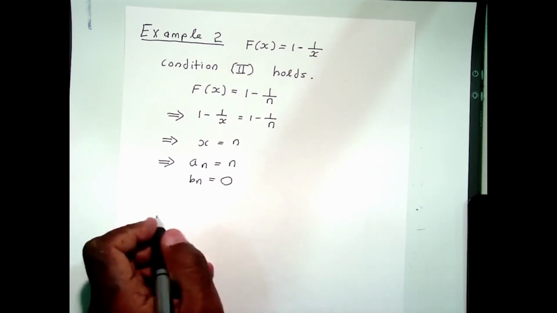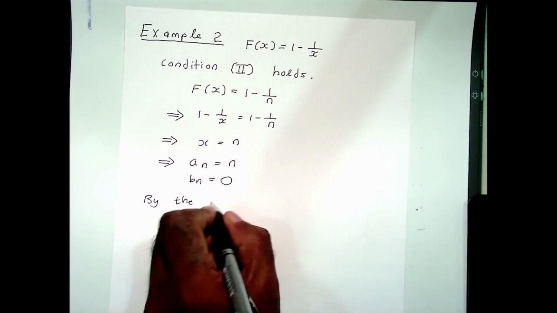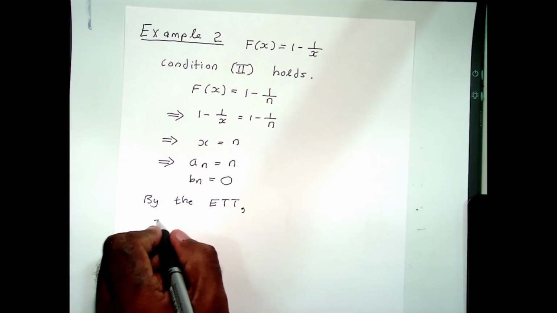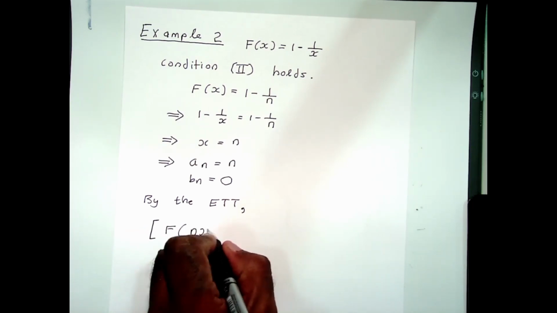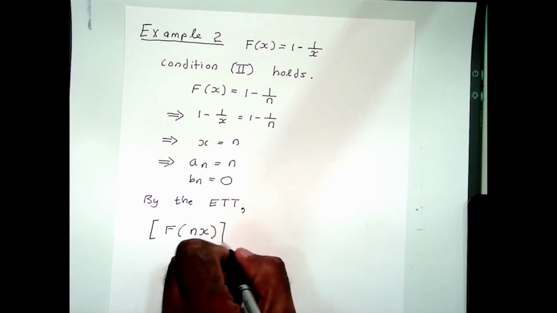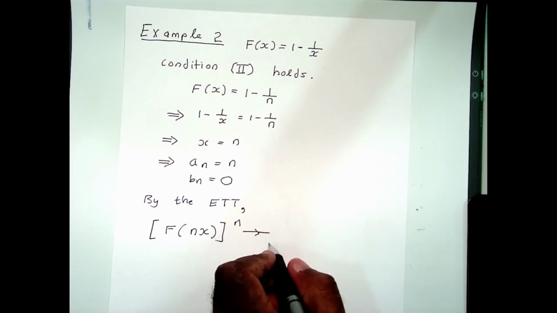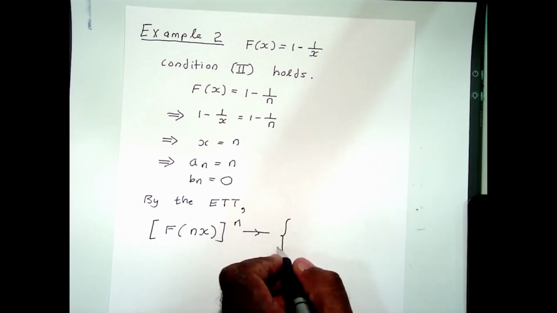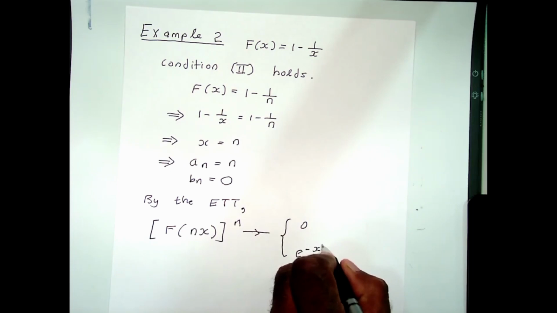So we have found an and bn, and hence by the extremal types theorem, f at an x, which is nx plus bn, which is 0, to the power n, approaches the Frechet limit, and the limit, you may recall, has alpha equal to 1.